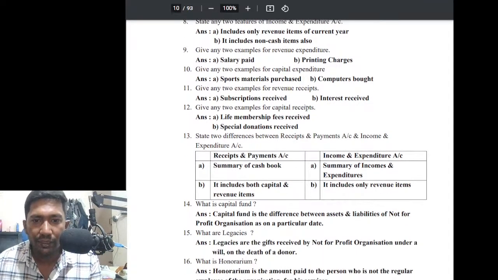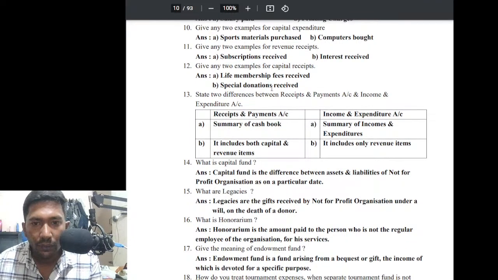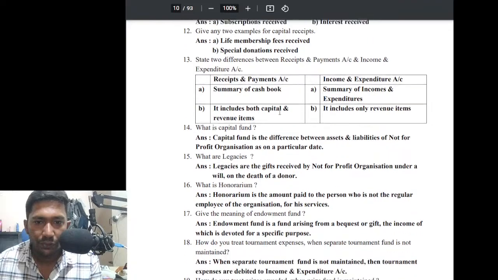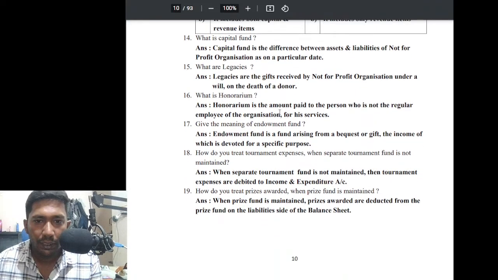Then next we have two examples of capital receipts, like membership fees and special donation, you can write that. Then capital fund, legacies. I told you, legacies are anything which is left by a deceased person to some other person.